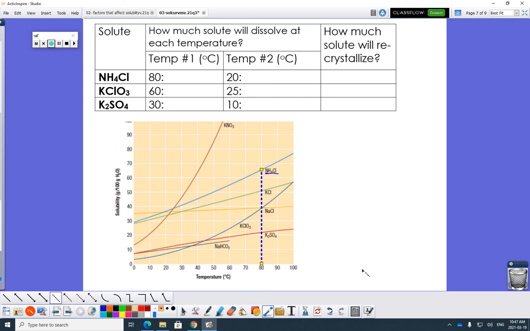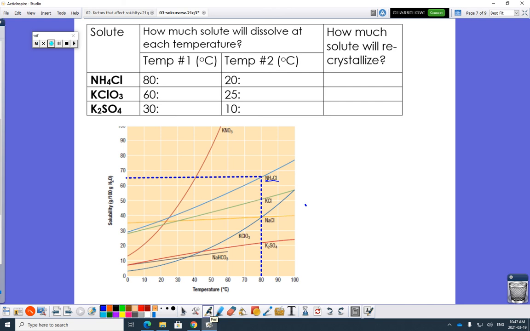I would accept a variety of answers, but make a good estimate, okay? So here, you go over. I might call that 65 or 66. I'm going to say 65 grams. So at 80 degrees Celsius, 65 grams of NH4Cl dissolve.